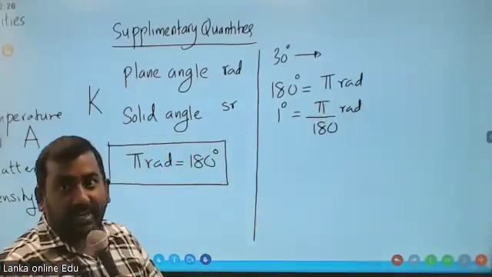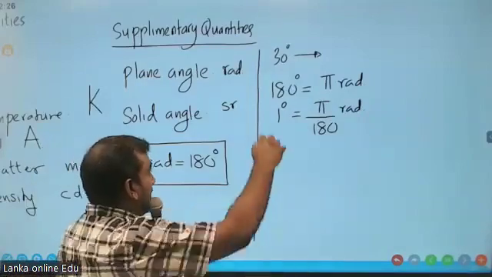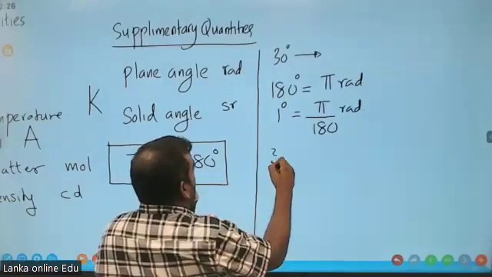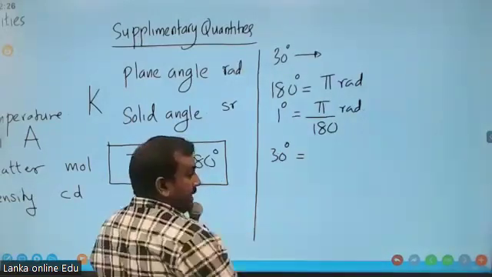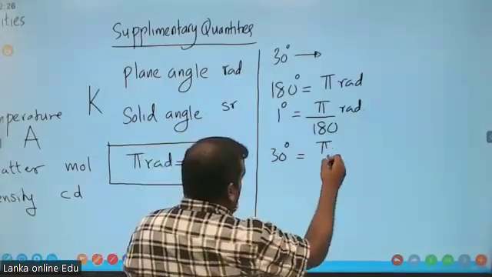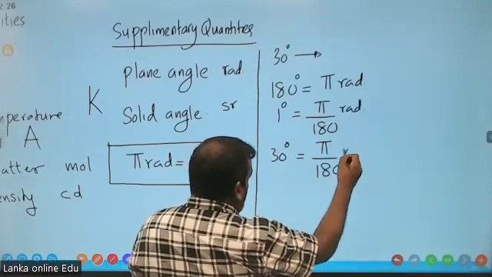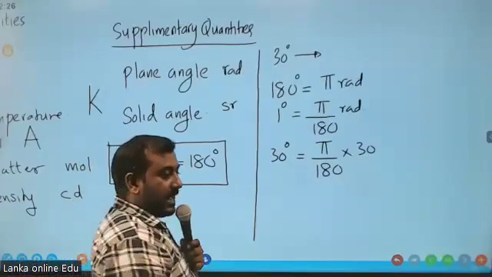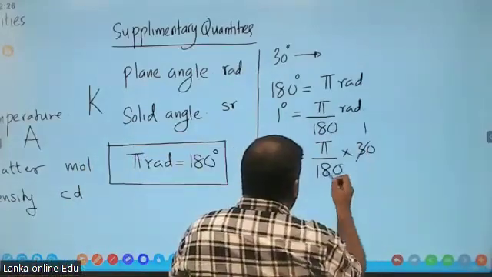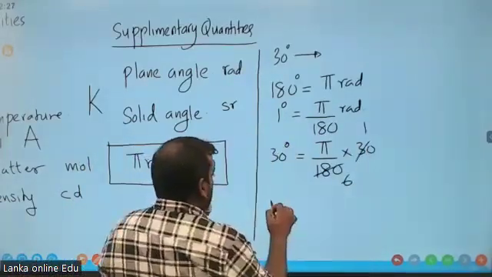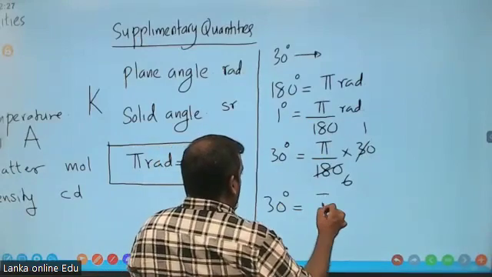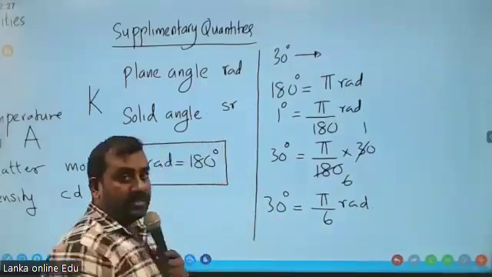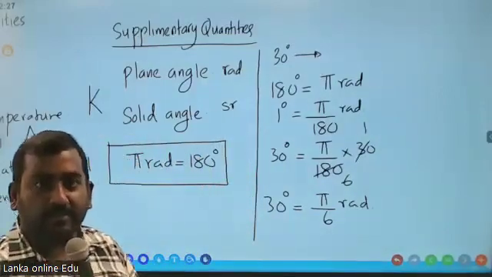Like 10 toffees, 100 rupees, 1 toffee, how much? They're asking 30 degrees, what is the radian? So pi over 180 multiplied by 30. You just have to divide carefully: 30 times 1, 30 times 6. So 30 degrees is equal to pi over 6 radians. Clear?